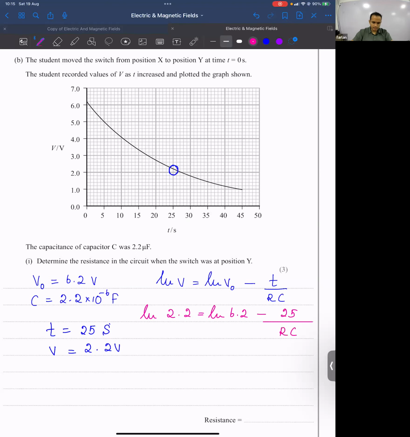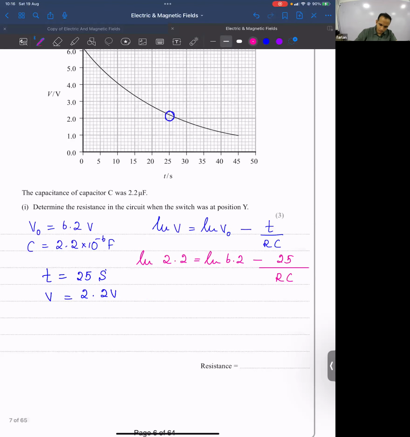I'll find the RC product and then substitute for the C. So I'll bring the minus 25 over RC to the left. It will become plus 25 over RC. 25 over RC is ln 6.2 minus ln 2.2.